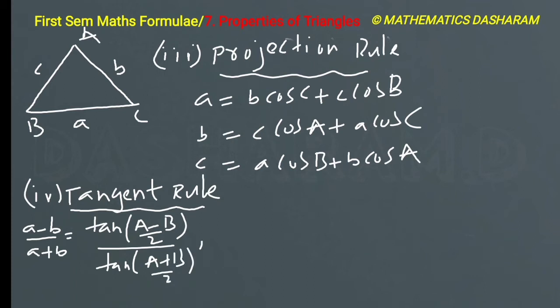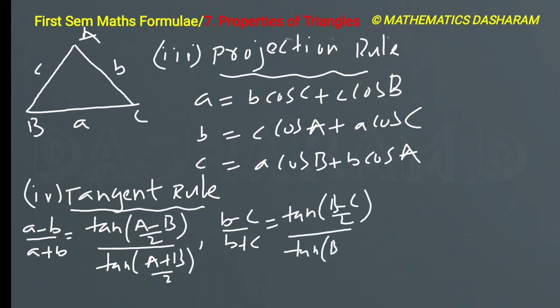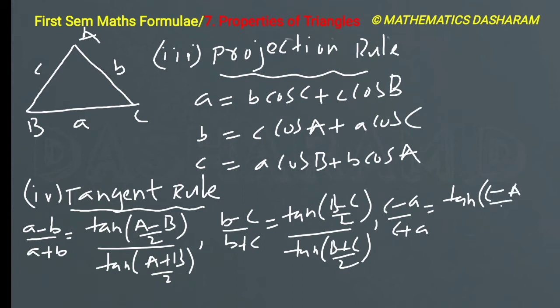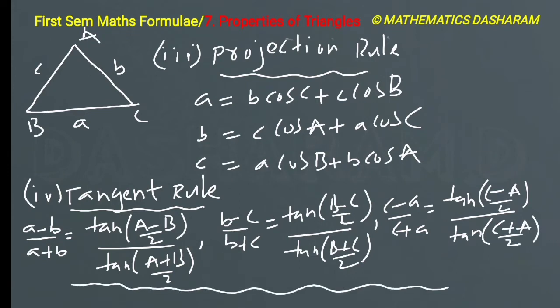Similarly, the second rule is (b minus c) divided by (b plus c) equals tan((B minus C)/2) divided by tan((B plus C)/2). And the third one is (c minus a) divided by (c plus a) equals tan((C minus A)/2) divided by tan((C plus A)/2). So these three are tangent rules.